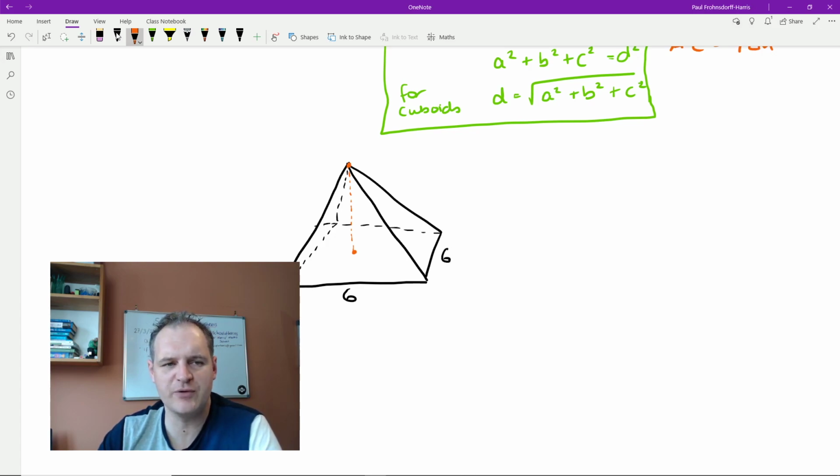Now, just as before, we can create a slice of this diagram to work out a different thing. In this case, I'm going to work out a slice going out towards the edge, because you would probably be given the slant height or slope height, or you'll be given the height of the pyramid.